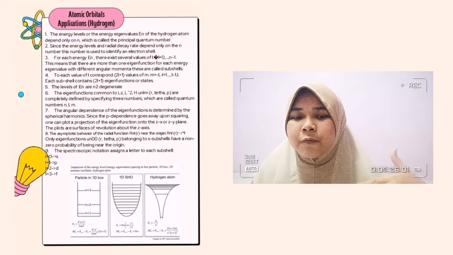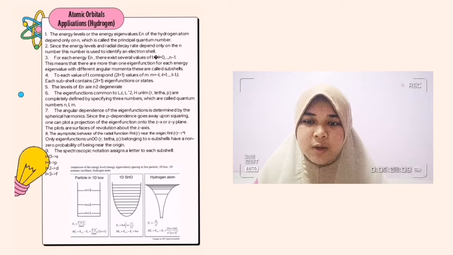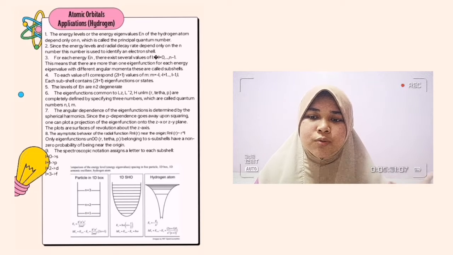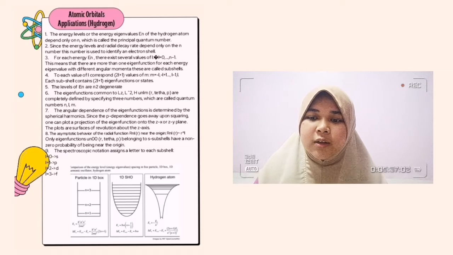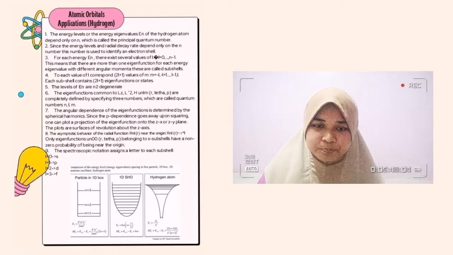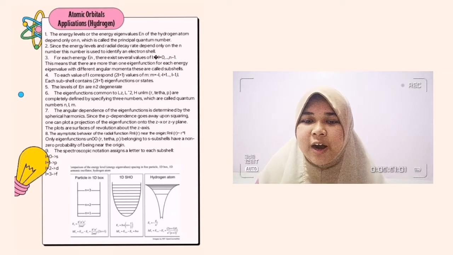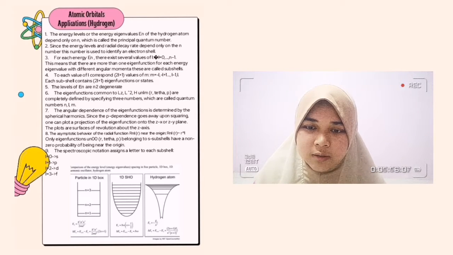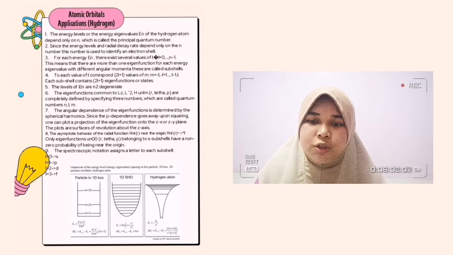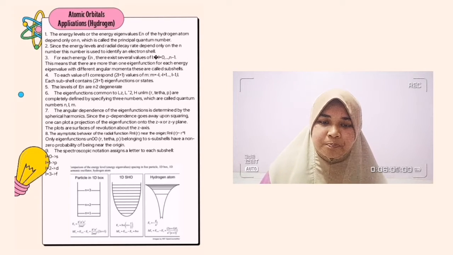Then, each value of L corresponds to 2L plus 1 values of m, which is m equal to negative L, negative L plus 1, up to L minus 1, L. Each subshell contains 2L plus 1 eigenfunctions or states. The levels of En are n squared degenerate, which is the sum for L equal to 0 to n minus 1 of 2L plus 1, equal to n squared.